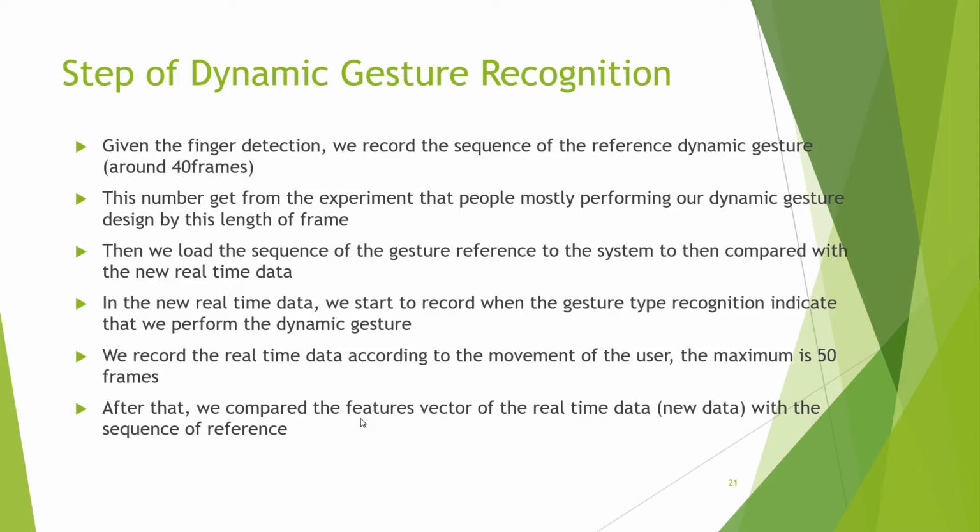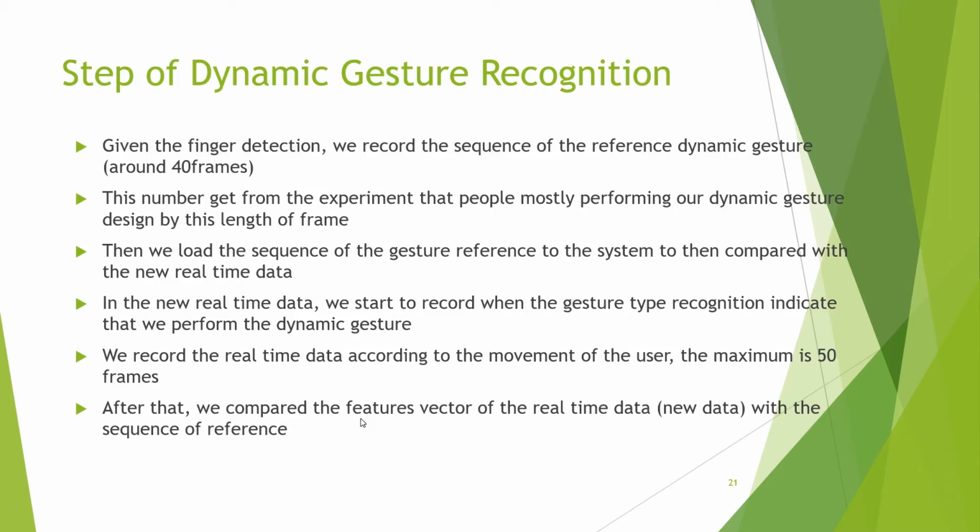As explained before, we record sequences of the reference dynamic gestures of around 40 frames, a number I got from experiments showing that most people perform these dynamic gestures from start to end in 40 frames. Then we load the sequences of gesture references into the system and compare them with the new real-time data.